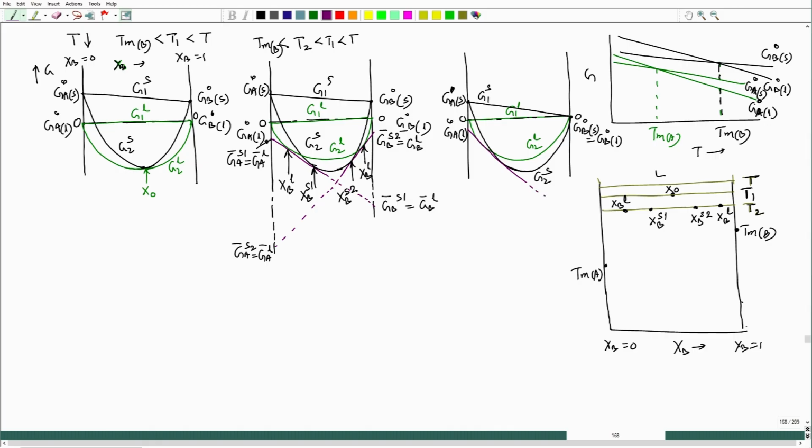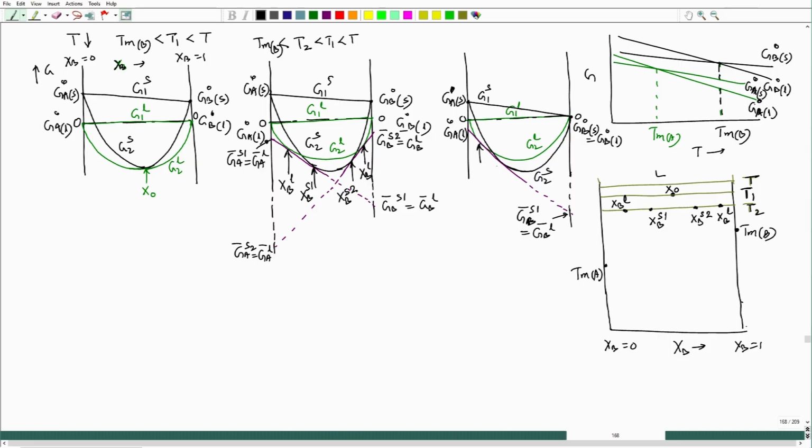This side, if I extend it, it will cut this axis here, at this location GB bar of S1 should be equal to GB bar of liquid, because left side compositions we have marked as S1.